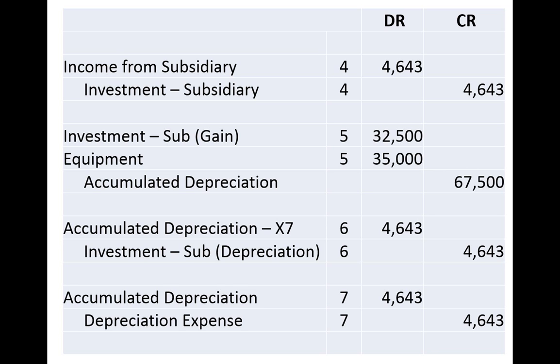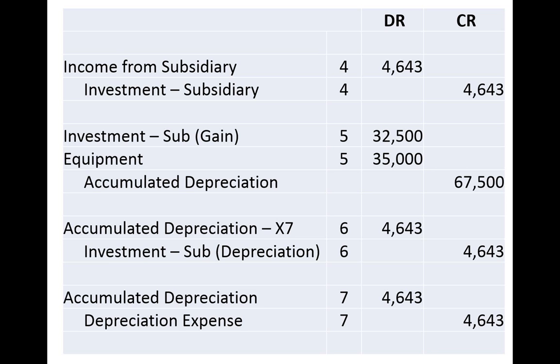Now notice that EJE 6 and 7 are related, but they relate to different years. And I've kind of identified those for you so you can see this. The first entry, number 6, represents the depreciation or the excess depreciation we did for X7. Debit accumulated depreciation, credit investment for 4643. The EJE 7 represents the excess depreciation for the current year, X8.